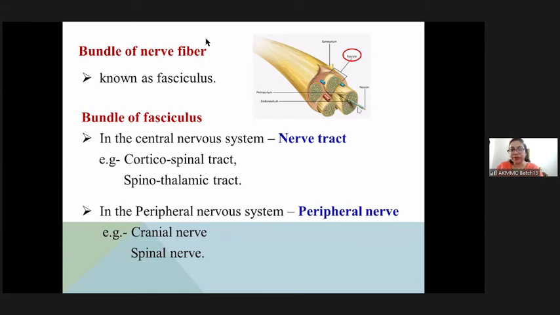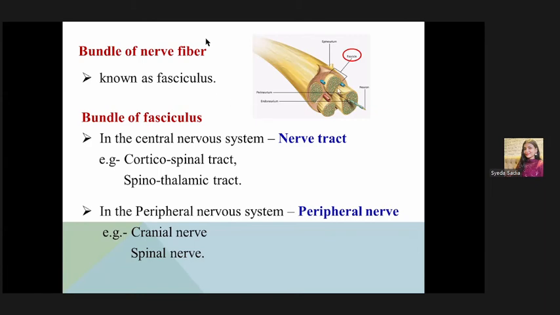This one bundle, the collection of nerve fibers, is known as a fascicle. More than one fascicle is known as fasciculus. Did you understand what I said? A single bundle we call a fascicle, but more than one, we call fasciculus.